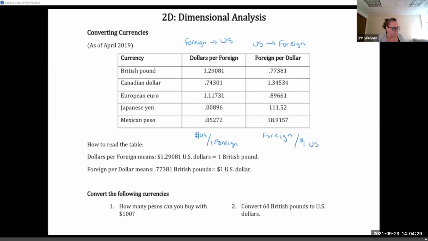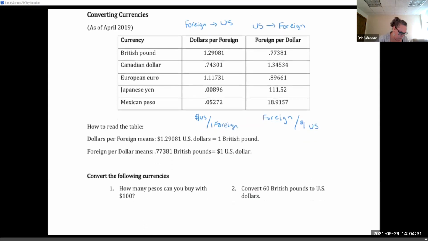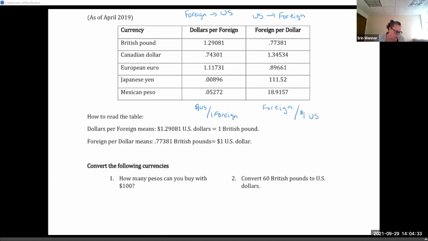How do we use that? It says convert: how many pesos can you buy with $100? So we want pesos, which is a foreign amount, and we're starting with US money. So we're taking 100 US, and we want to go to a foreign amount, in this case the peso.